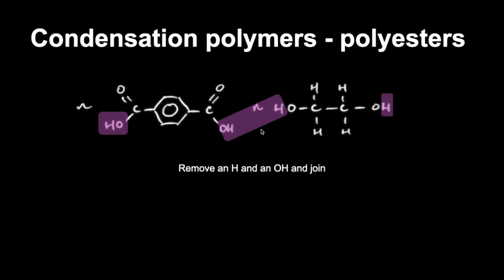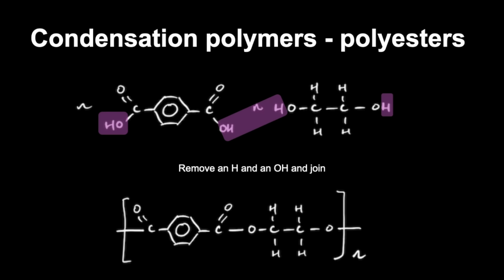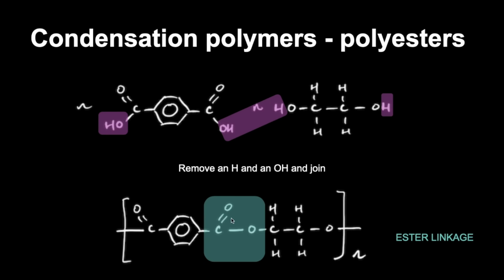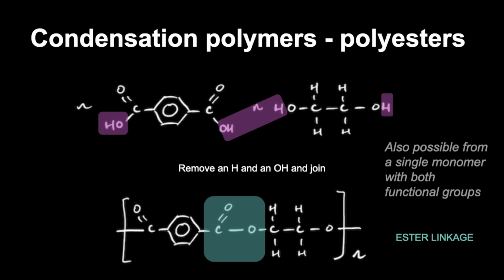What that's going to do is form a water molecule, but it's going to join those 2 monomers together, and you can see there's that ester linkage there. And that's obviously possible from a single monomer so long as you've got both functional groups present. So you need the carboxyl group and the hydroxyl group in that same monomer if you're going to do it from 1. Now you can also make polyesters from diacyl chloride.